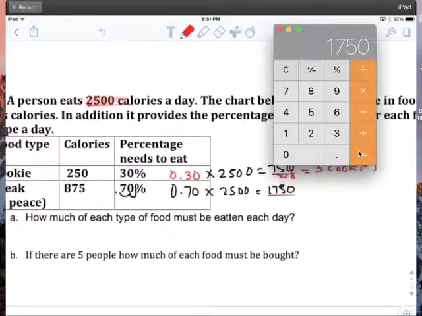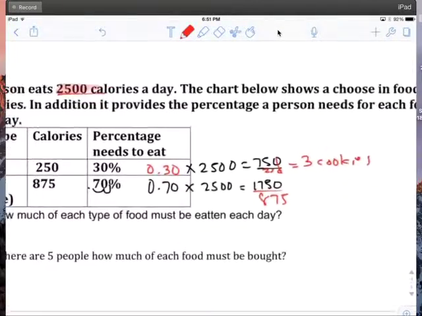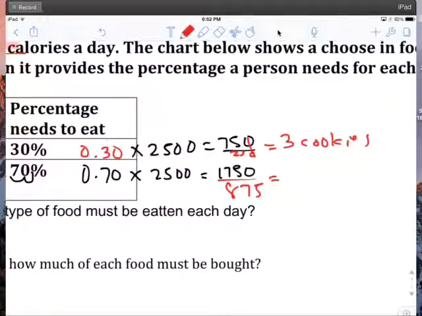The steak is 875. I think that's times 2, huh? Divide by 2. Yep. 2 pieces of steak. That's it.